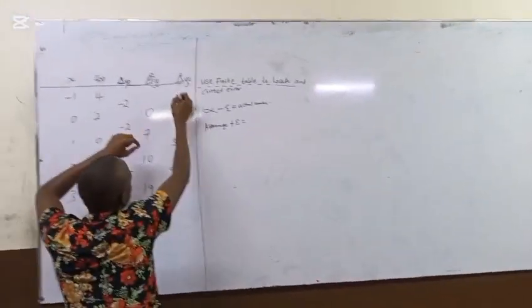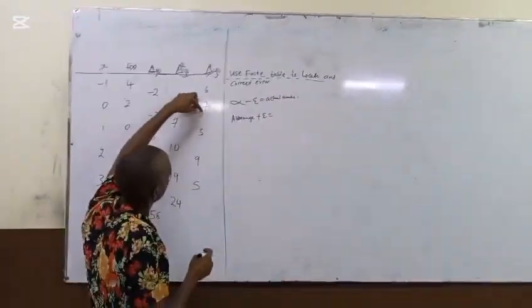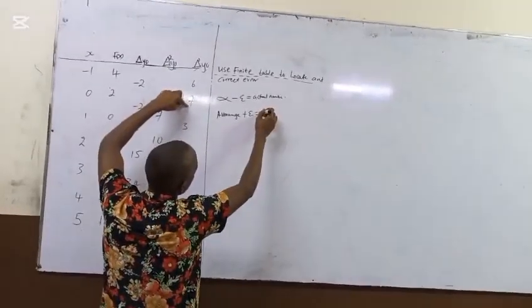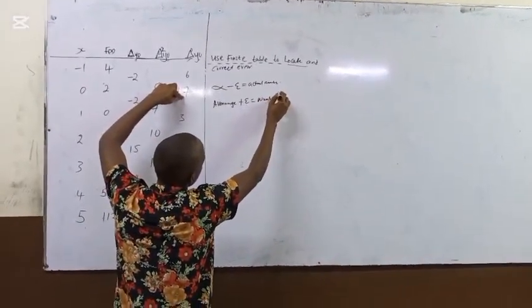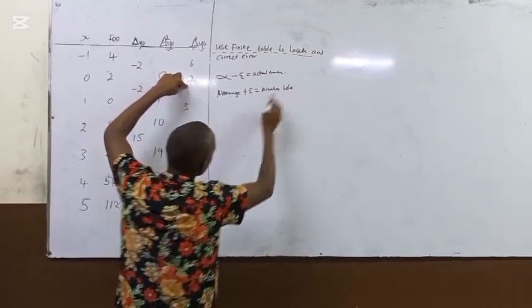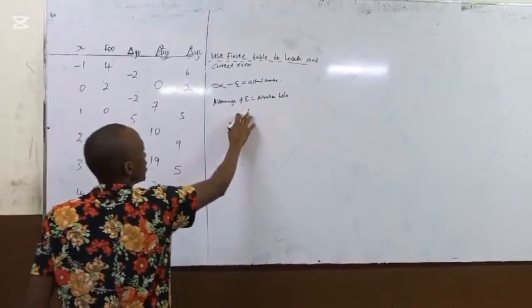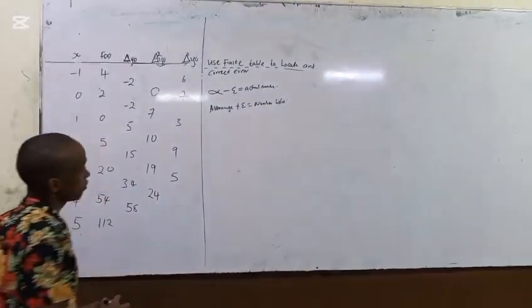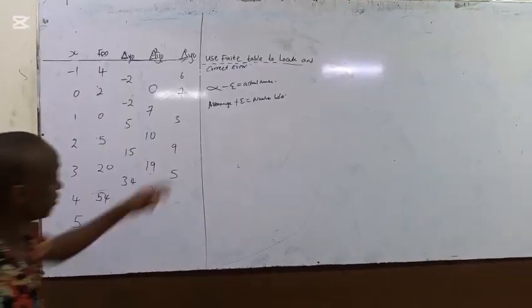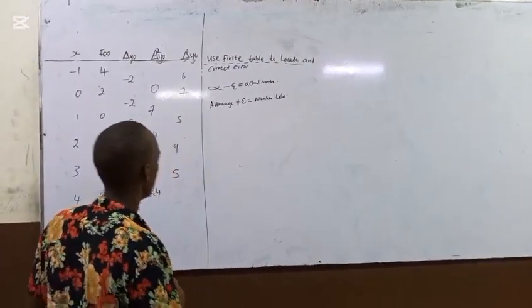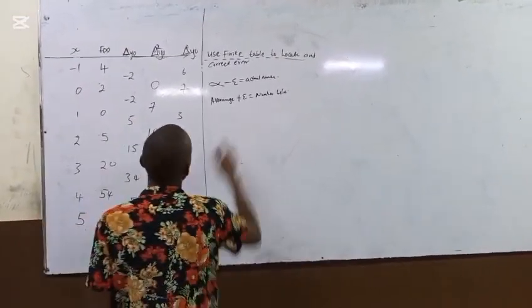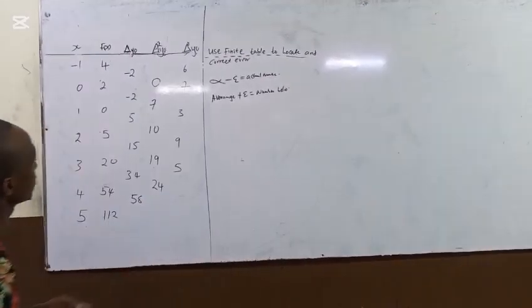If here we have 6 or whatever, this number. So the number below. So average plus error is equal to the number below. So I will show how to work with this formula. This is the number below.